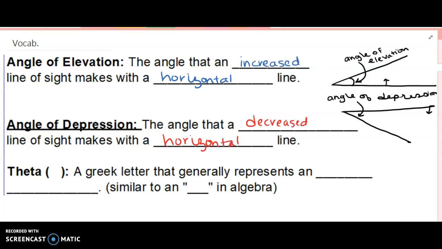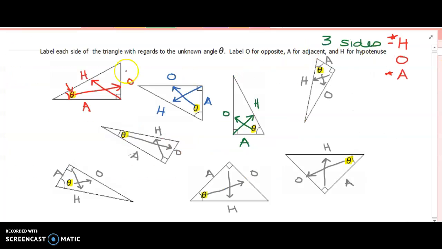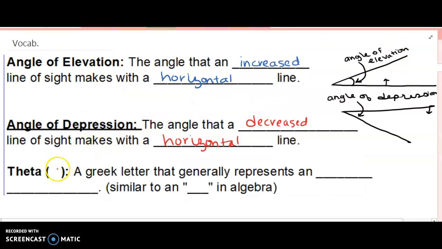Okay, now theta, that's what you've seen when we did this. It's this funky looking symbol right here. So theta looks like this. And it's a Greek letter that generally represents an unknown angle measure. So an unknown angle. Okay, so think of it as like an x in algebra.